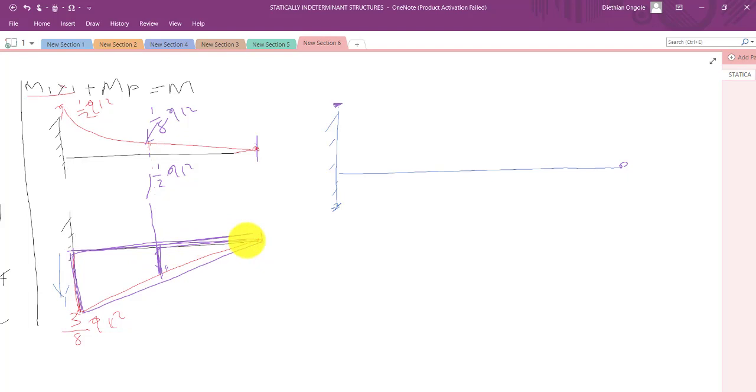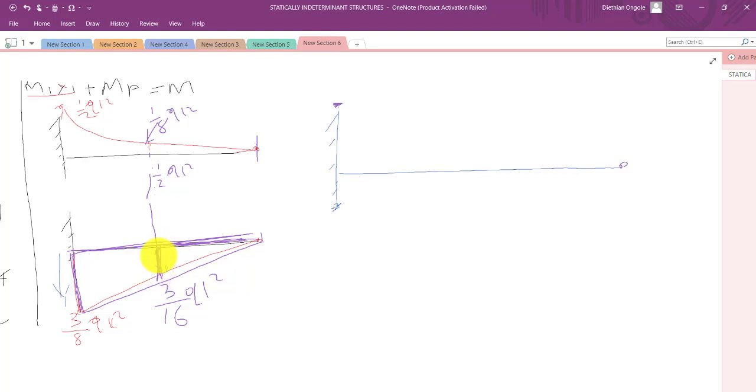So if the base here becomes a half, the height must also reduce by a half. Therefore, this one here becomes 3 over 16 Q L squared. If you don't understand it this way, you can use the idea of similar triangles and compute the value of this height here.